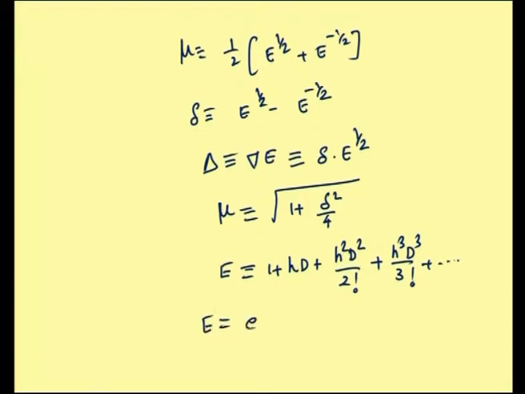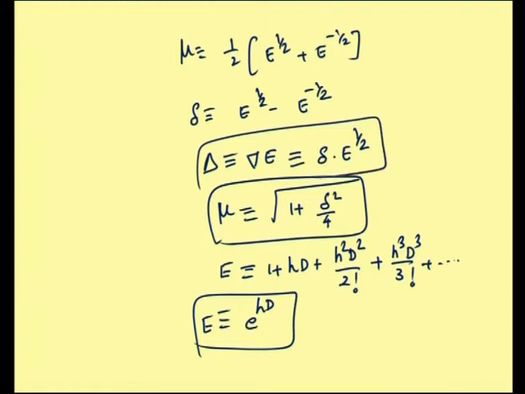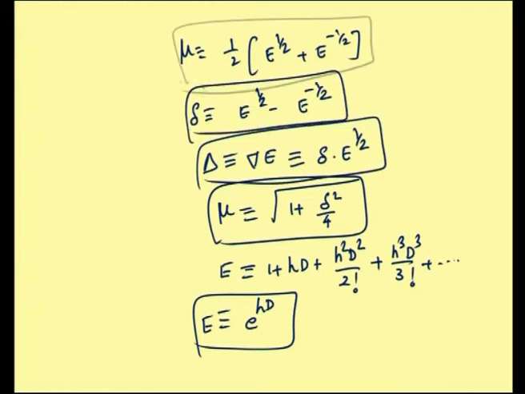So, E is actually equivalent to e power hD. These symbolic relations can be used to relate the forward difference operators, backward difference operators, central difference operator, averaging operator, differentiation operator and shift operators.